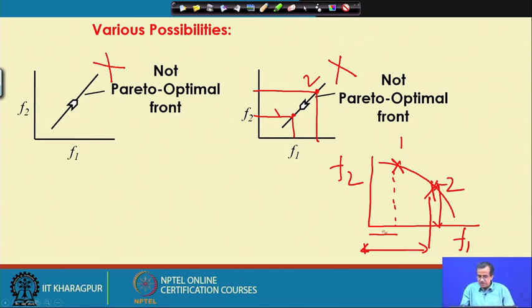Here you see, F1 is less and F2 is more, and here F1 is larger compared to the previous F1, but F2 is smaller. So, as F1 increases, F2 is decreasing. That fighting attitude is there. That means this is also a valid Pareto optimal front of solution if I want to maximize both F1 and F2.